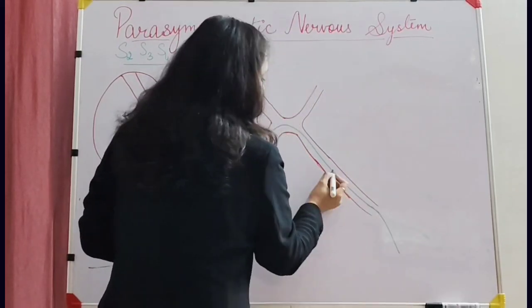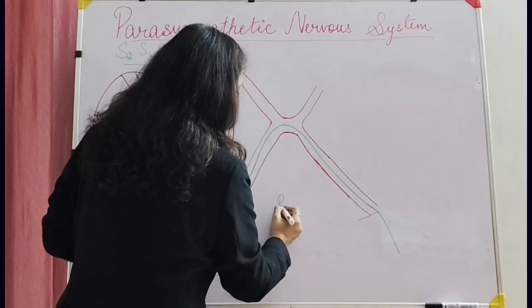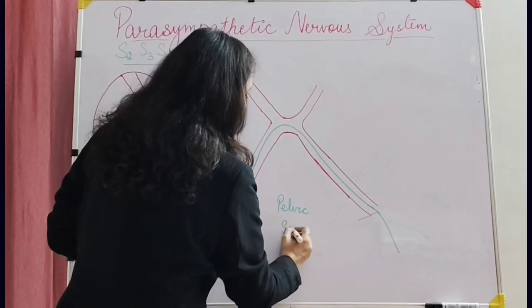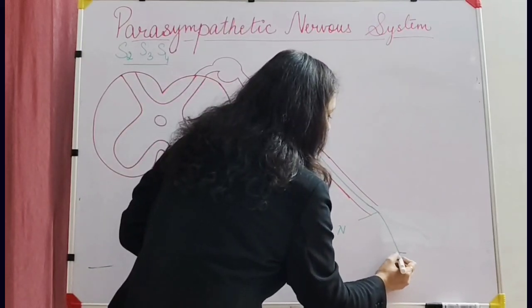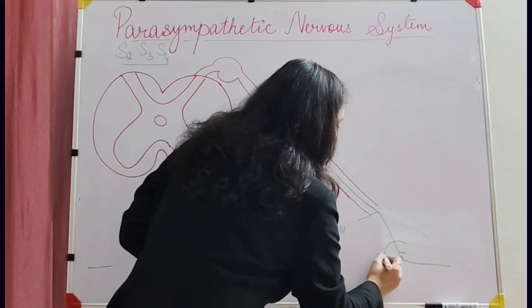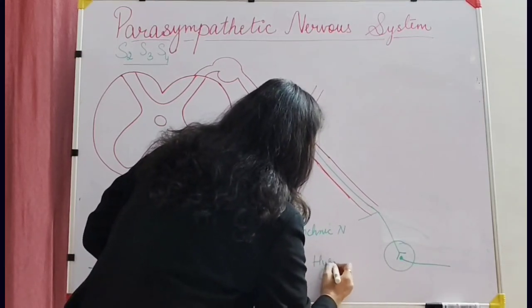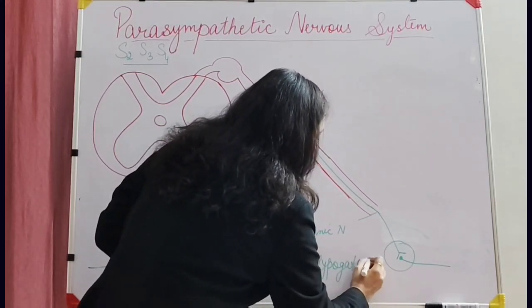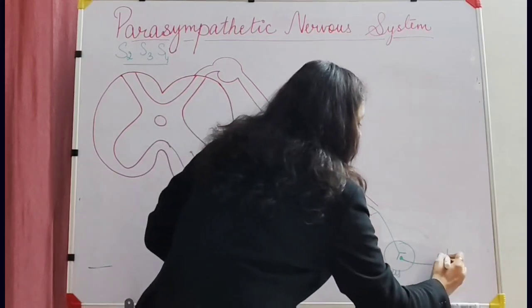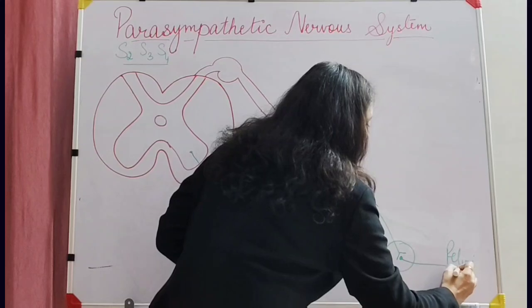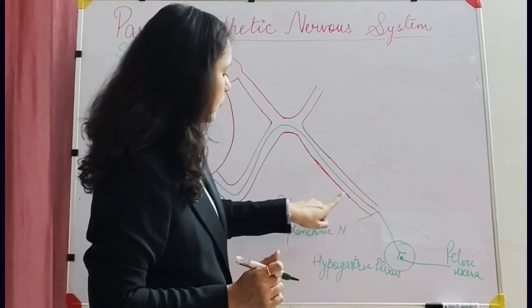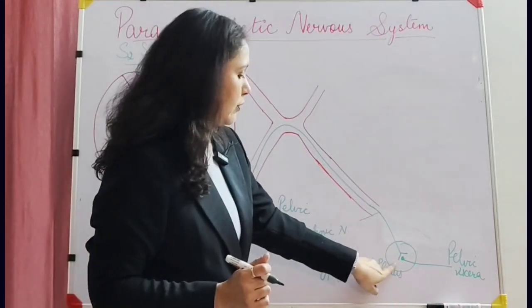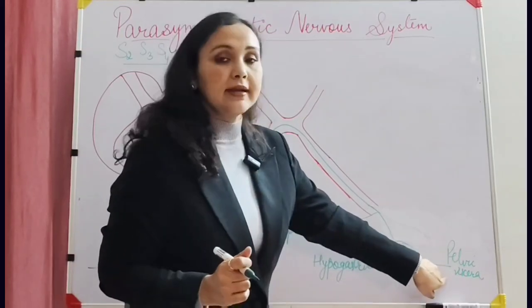The preganglionic ones are called the pelvic splanchnic nerves, and they relay in the hypogastric plexus. The postganglionic fibers arise from here and supply the pelvic viscera.